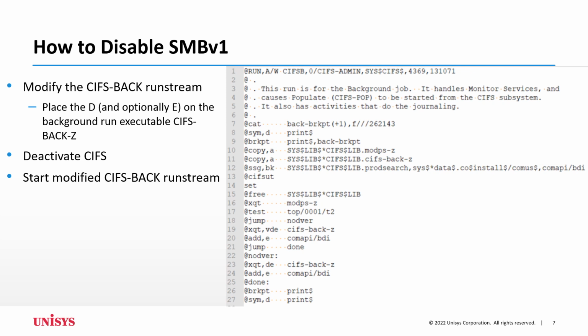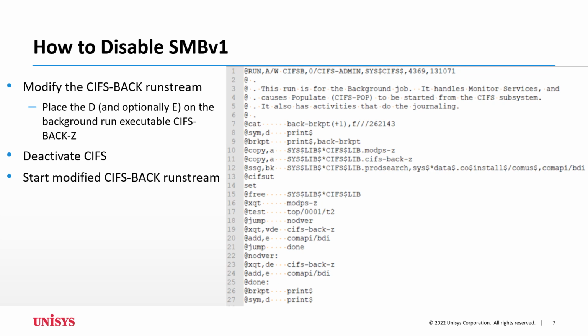Well, how do you disable SMB1? Apply the D background run option by either asking the CIFS administrator to make a copy of the CIFS-back element or modify that element directly. Deactivate CIFS after you've applied the D and/or E options to the @XQT CIFS-back-Z statements.